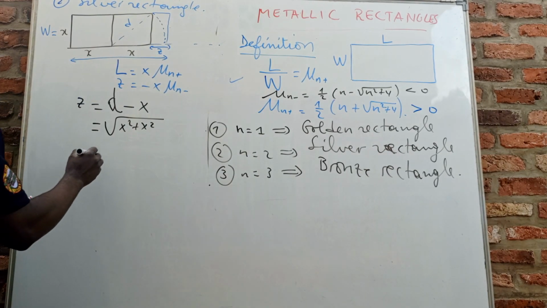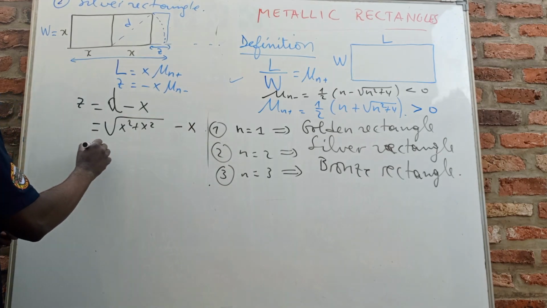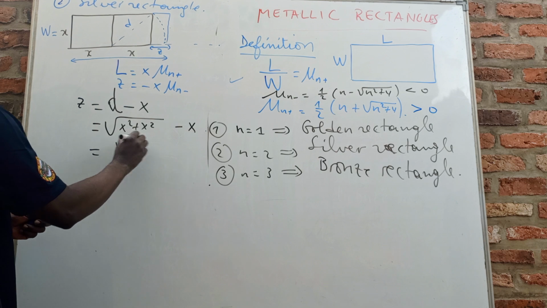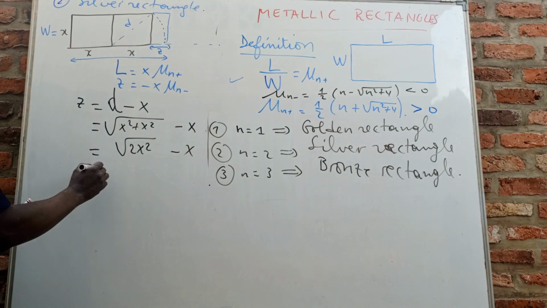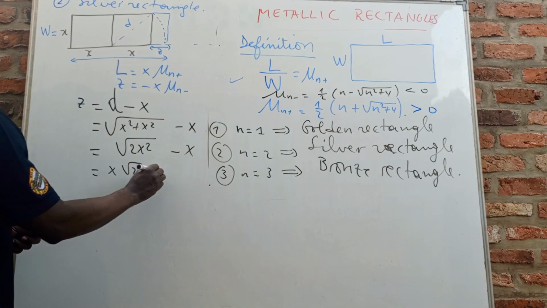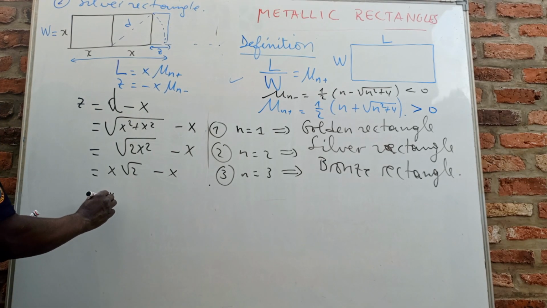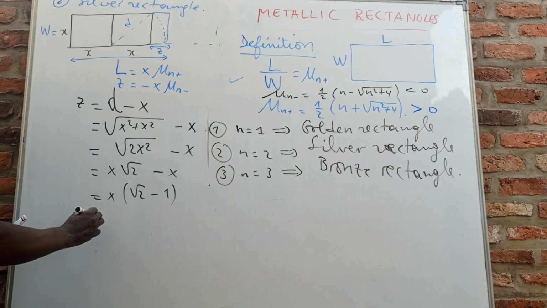This is d, so we have to remove length x. So this becomes the square root of twice x square, minus x. We factor x out, so we have x square root 2 minus x, and factoring x out, we have this one.